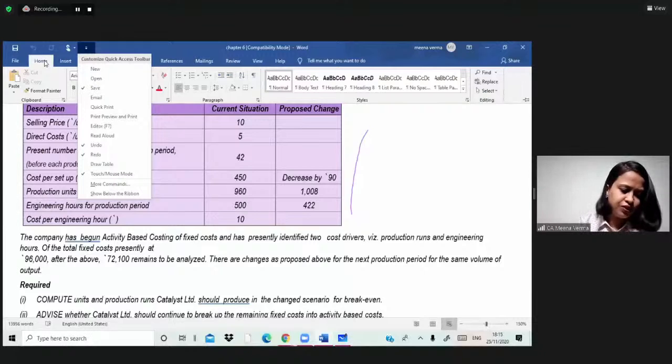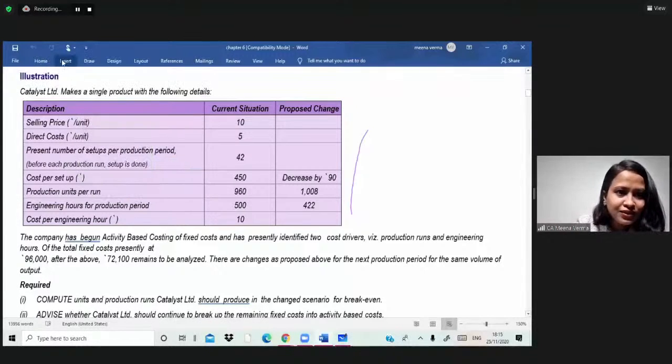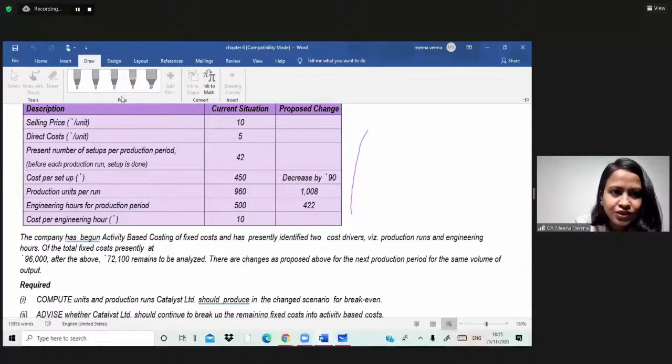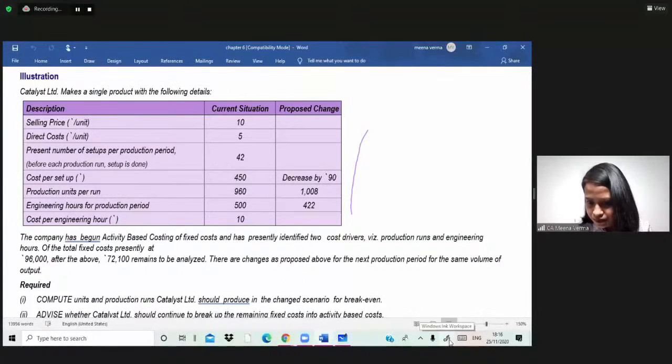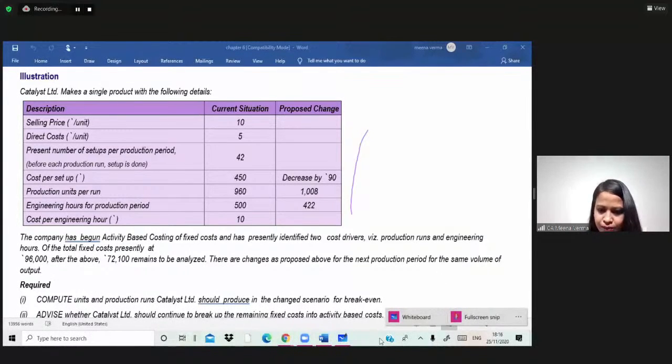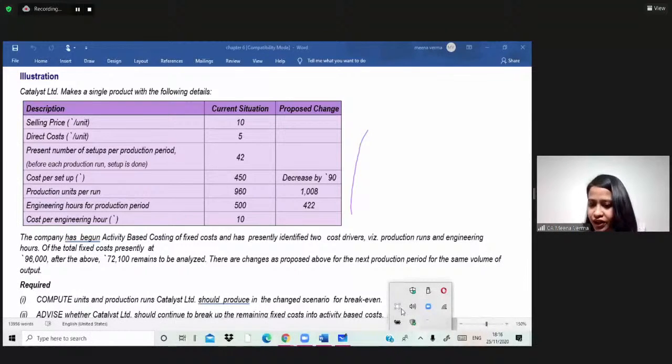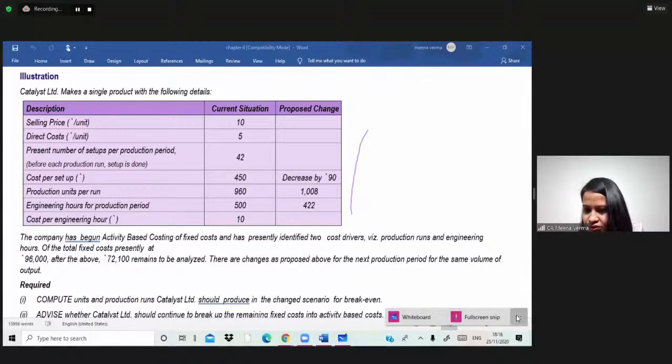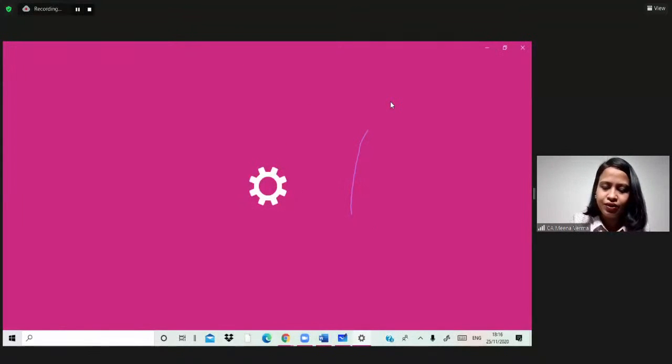It's a very easy question. Please quickly tell me if you have done the reading portion of this question.